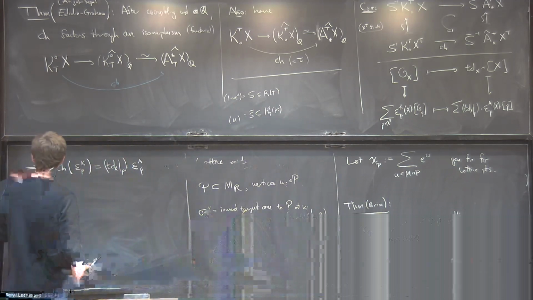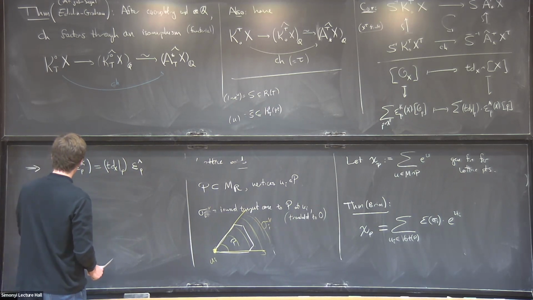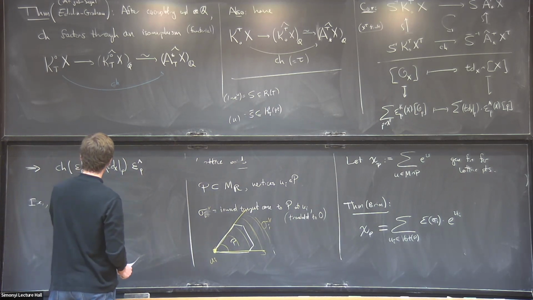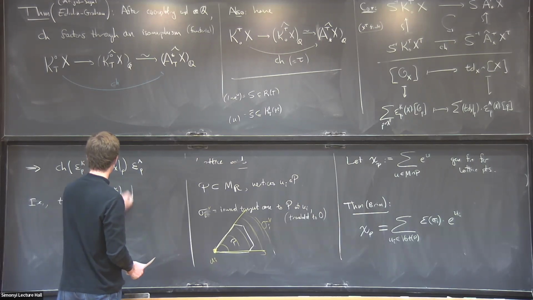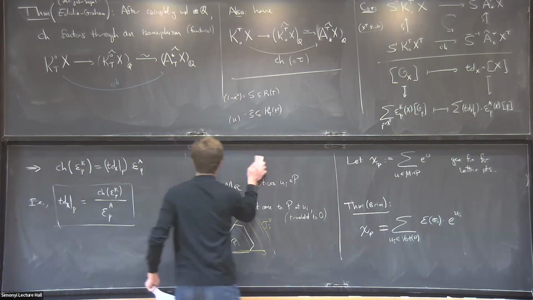Or in other words, the Todd class of X restricted to a point is a ratio of equivariant multiplicities. And this is something very familiar in the smooth case.